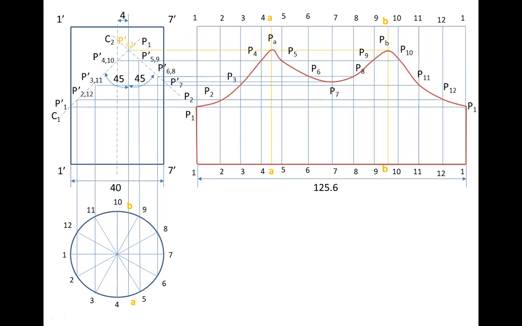So this is the application of the development of surfaces for the cylindrical surface. For the cylindrical surface, it is necessary to project all the points on the development plane. And from that, each and every point location is finalized, and a smooth curve is to be drawn.